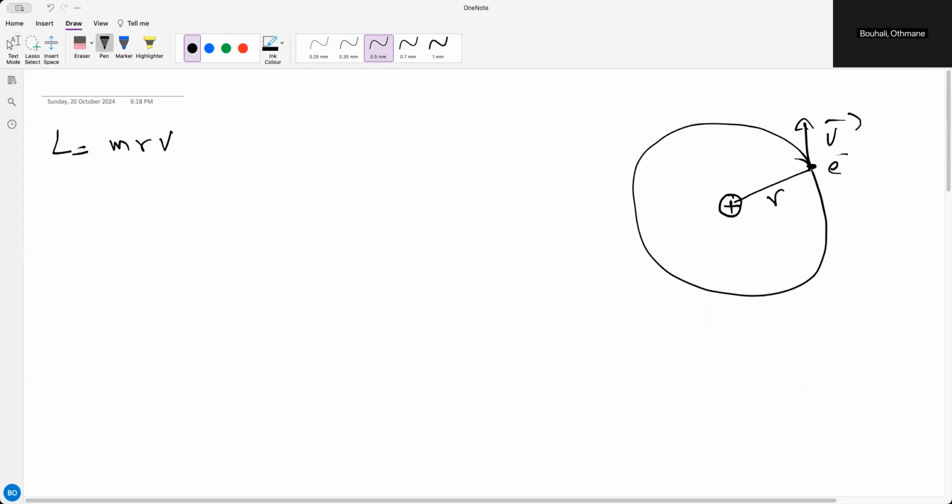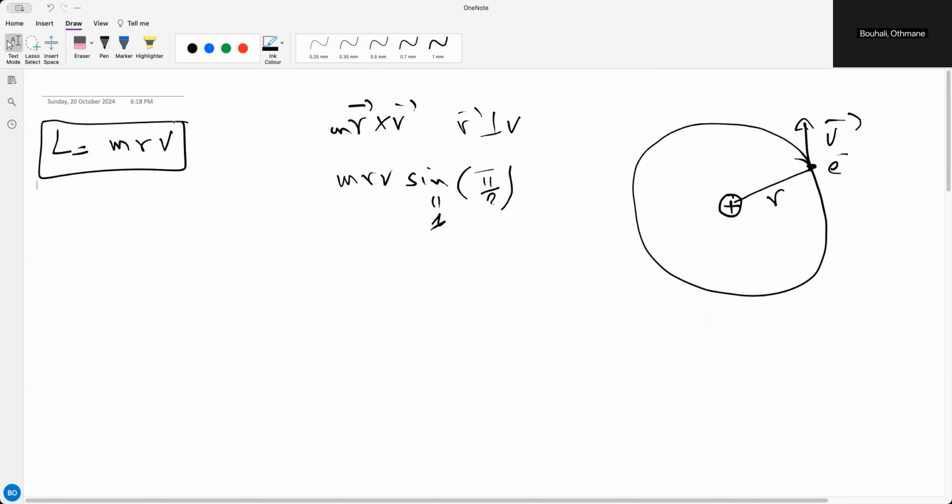The electron has an angular momentum, which is r cross mv, but because in this specific situation r is perpendicular to v, the magnitude will be mrv sine of the angle, which is sine of 90 degrees, equal to 1. So mrv we know, but what is new is the quantization condition.